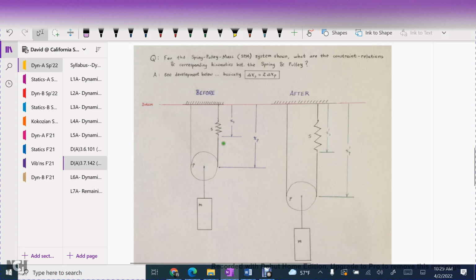Now I want to come up with this segment of the rope. Let me do that in maybe a stark red color so that it stands out. I want to come up with this segment of the rope and this segment of the rope, and then that'll give me the equation of the rope.